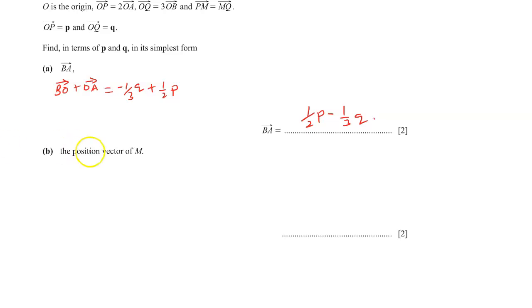B, the position vector of M. Vector OM is equal to OP plus PM.